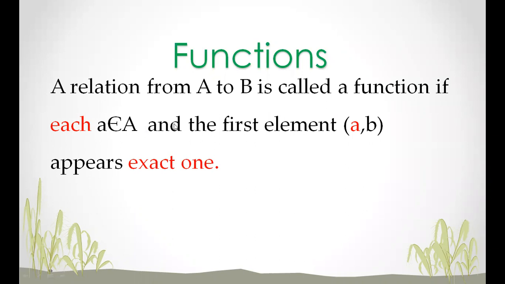Each a belonging to A, and the first element appears exactly once. Meaning we write a subset of the Cartesian product, but such a subset which satisfies this condition: each element of A belongs to A, and the first element appears exactly once. We understand the definition of function with the help of an example.